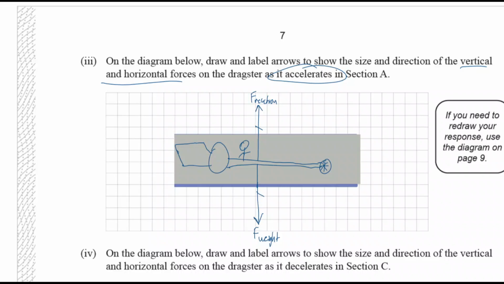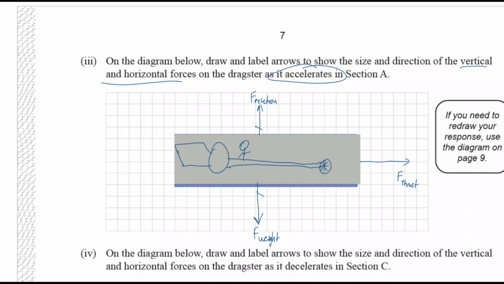Our horizontal forces, since it's accelerating, it's going to need a thrust force. Let me just take these from the gray box. It's going to need a thrust force, right? And that comes from the engine. So F thrust, or F engine. And now, how does this arrow compare to the drag force? So right, it's moving pretty quick, so there's going to be a decent amount of friction or drag.